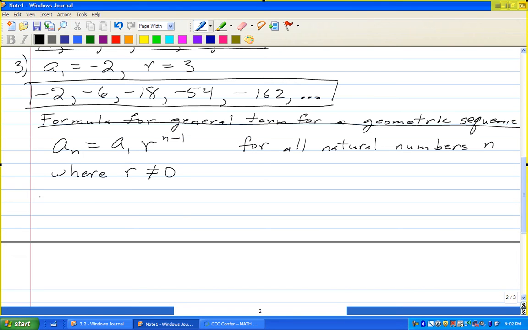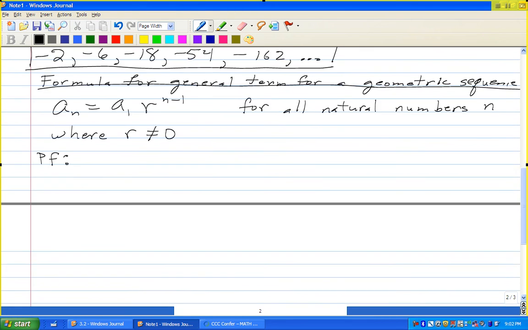Okay, so let's show this. And I'm going to induct on n. So let's look at the initial case. I want to show that this formula is true when n is equal to 1.